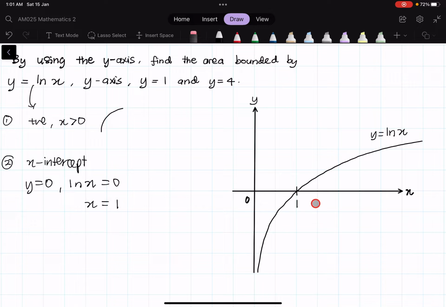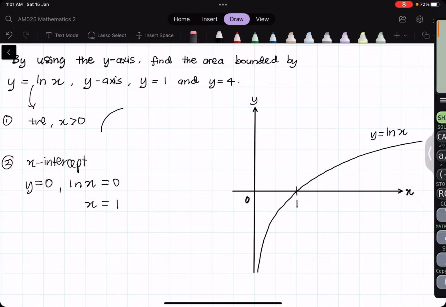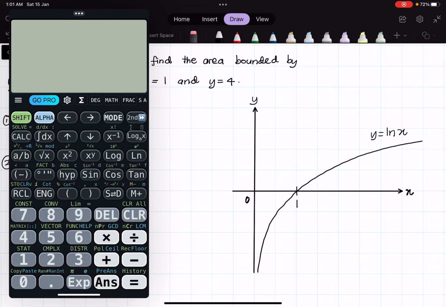If you're wondering why the shape looks like this, you can use the calculator to determine these points. So let's say you have x equals 0.5, then ln 0.5 is negative 0.7. So negative 0.7 is below y equals 0, and this line is approaching negative infinity.